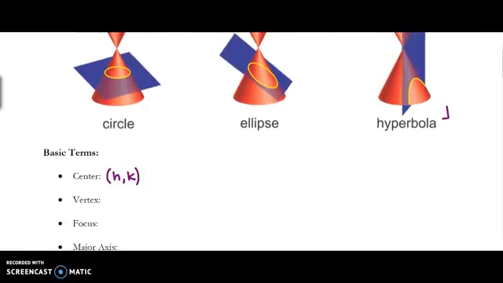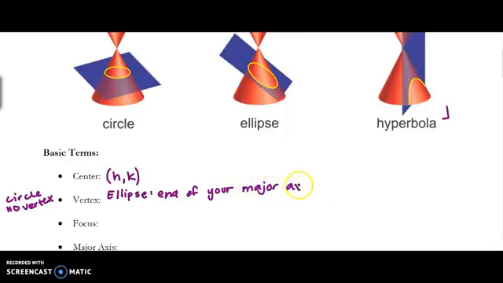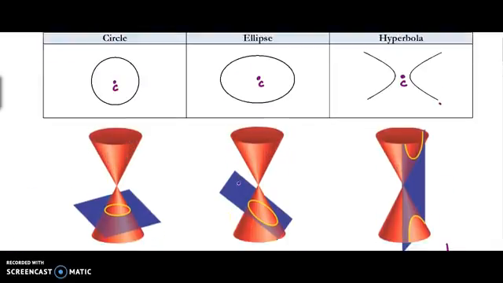The vertex does not happen in a circle. So a circle does not have a vertex. What a vertex is in an ellipse is the end of your major axis. And I'm going to put major axis in quotation marks because we'll get to what that actually is later.